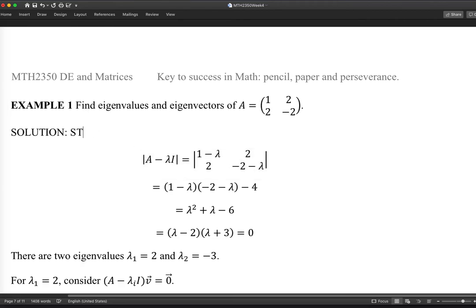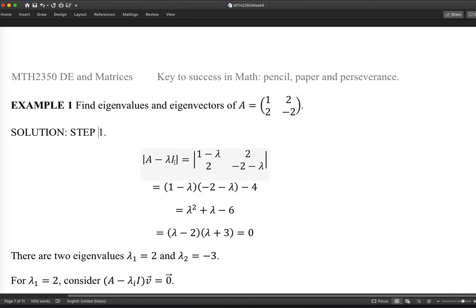So the solution, basically, this is for step 1. We consider the characteristic equation, A minus lambda I, and A is right here. You really don't have to change all the numbers. You only have to change the elements along the diagonal line.